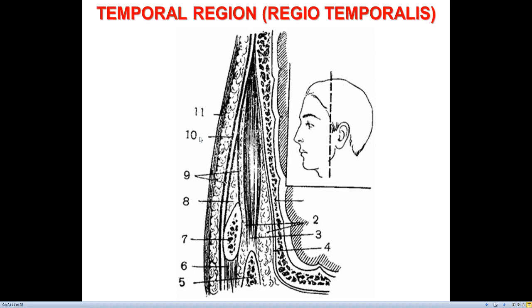Subcutaneous fat is a continuation of the galea aponeurotica, which passes inferiorly as the decreased in thickness fascial layer.